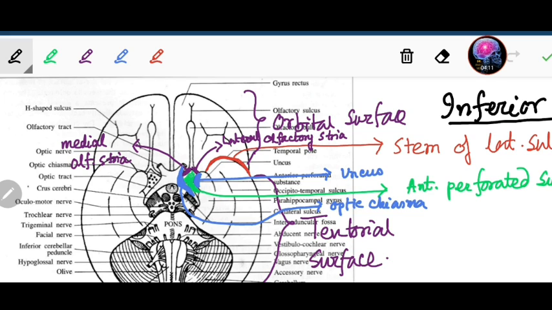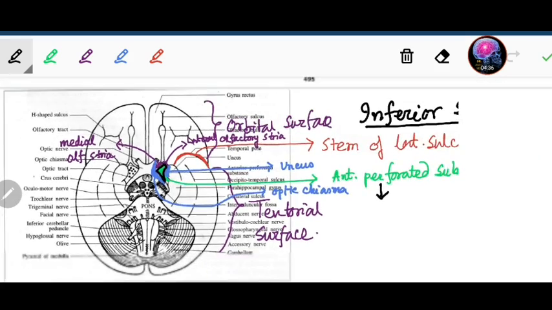So the outline of the anterior perforated substance is like this, and it is named so because this area is pierced or perforated by the central branches of the middle cerebral arteries.